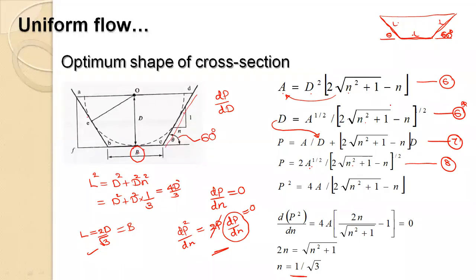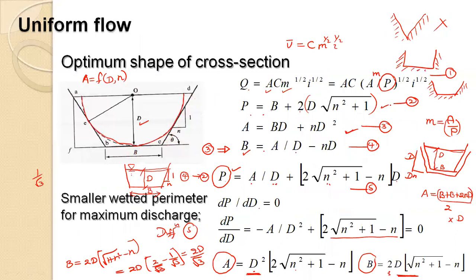Now, can someone tell me, if this is the case, what relationship can you expect for a rectangular cross section? By observing the results of a trapezoidal section, can someone answer that? What would be the shape of a rectangular cross section?